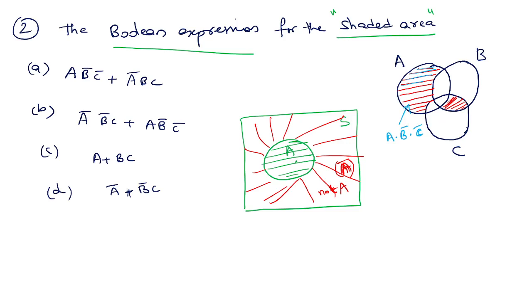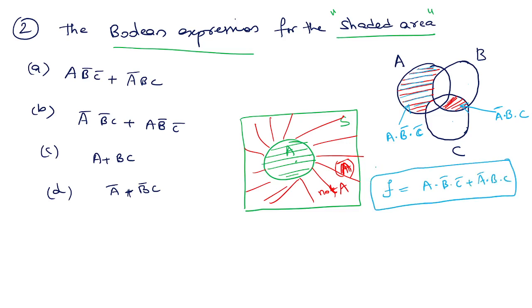And if you look at this region, it is present in both B and C, but it is not present in A. And for the entire shaded area, I can write A B complement C complement plus A complement B C. So option A is the correct answer.